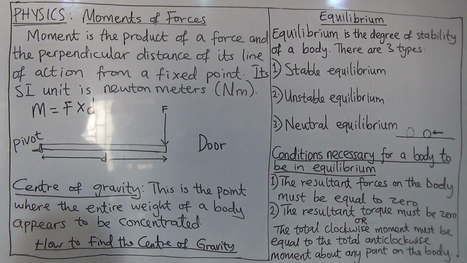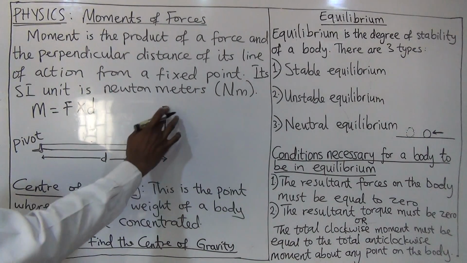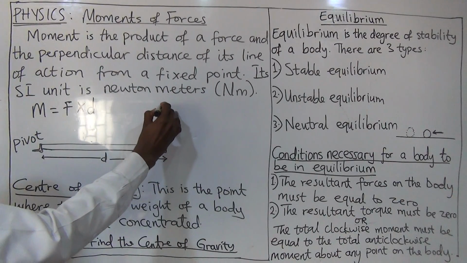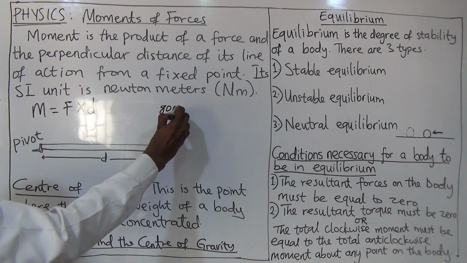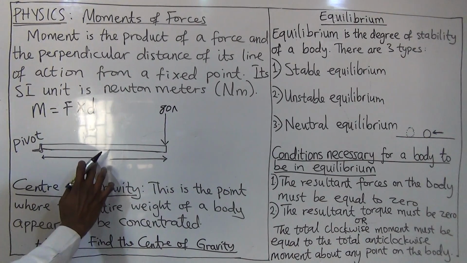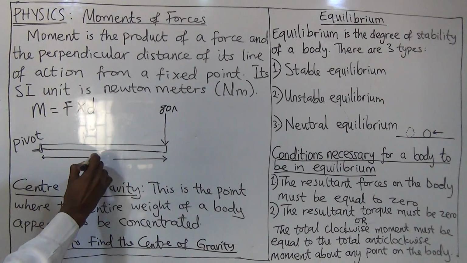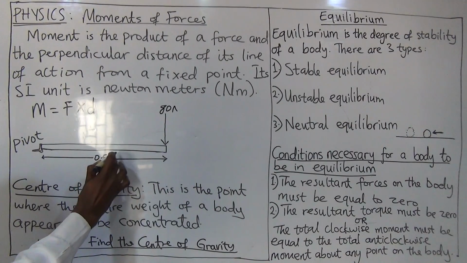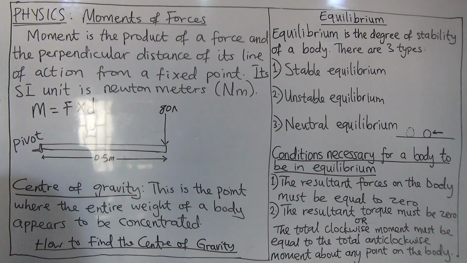Let us take an example. Consider a situation whereby a boy applies a force of 80 Newton on a door and the length of the door is 0.5 meters. Now, what is the moment produced?